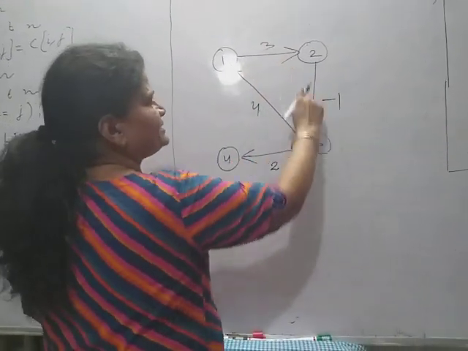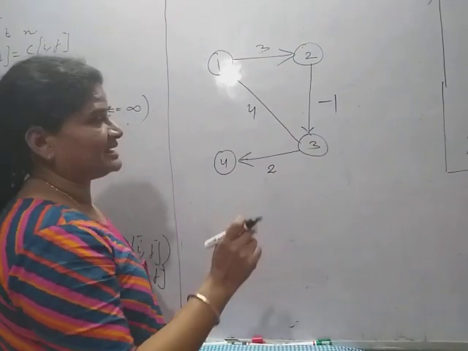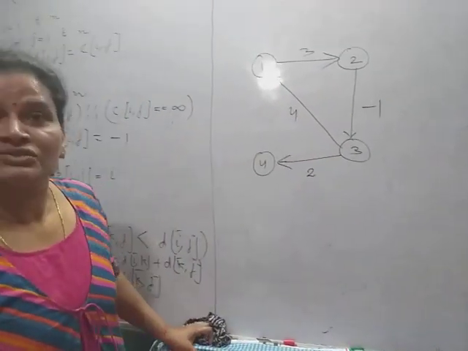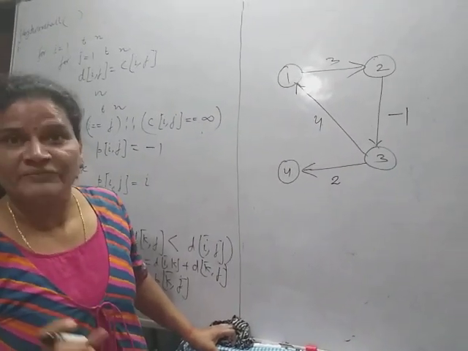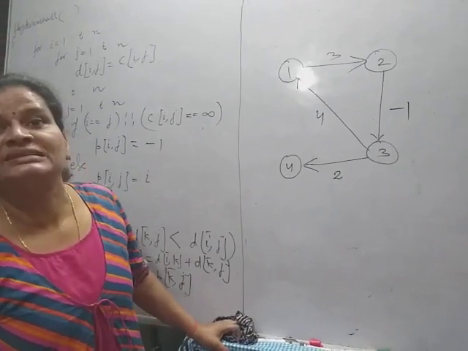This is a cycle, but if we compute the cost of the cycle, it is 4 plus 3 is 7, minus 1 is 6. So this type of cycle, where the cost is positive, is allowed. It doesn't mean that cycles are not allowed.